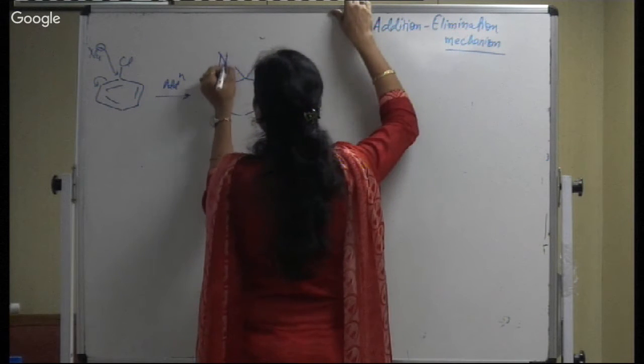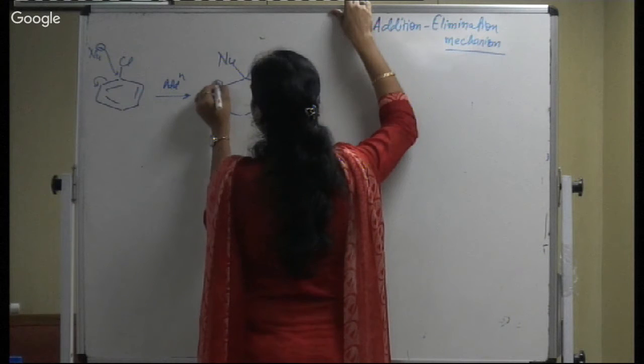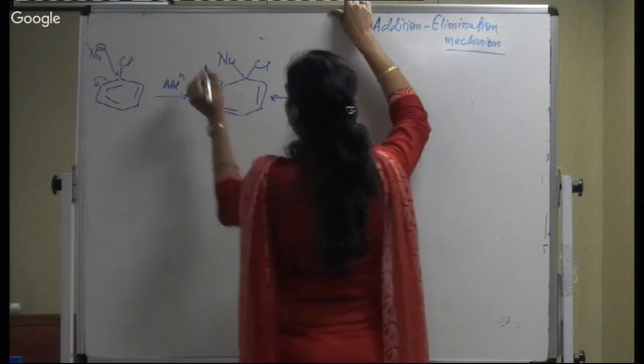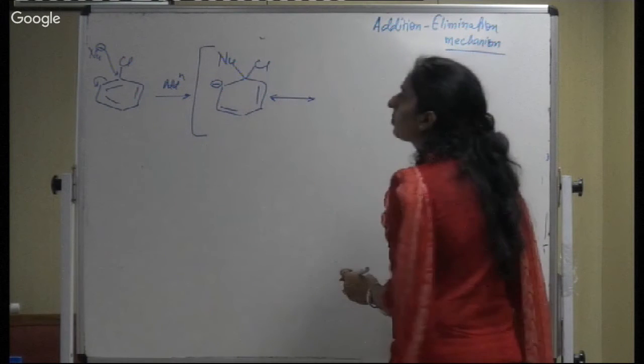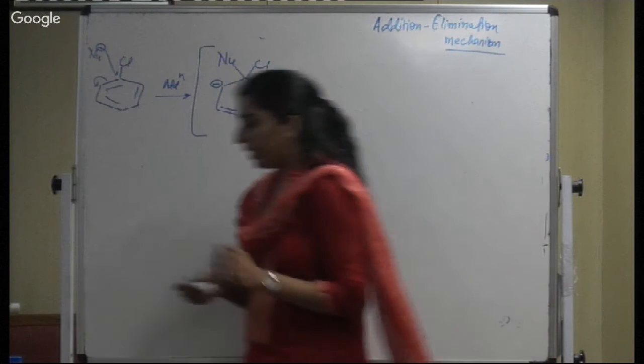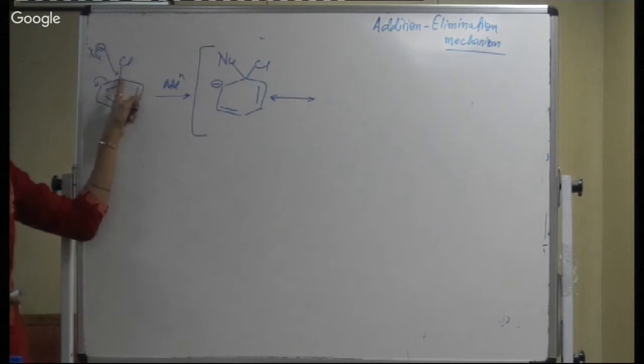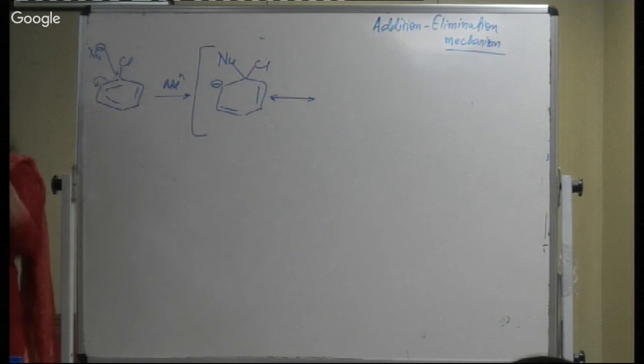Initially, the nucleophile will come and it will add to the carbon to which the halogen is attached.